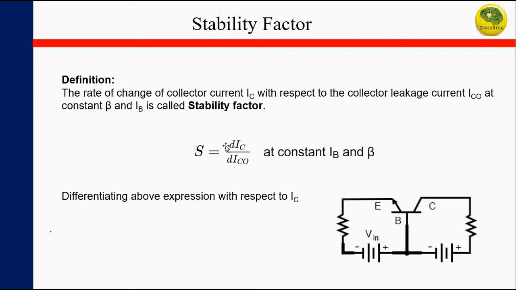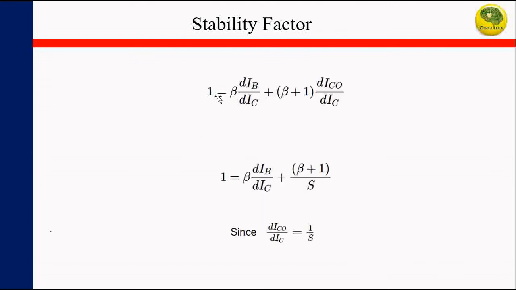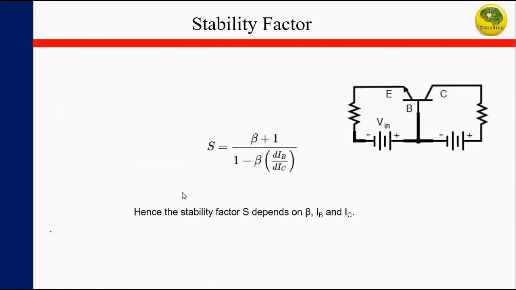By differentiating this expression with respect to IC, we have 1 equals beta times dIB divided by dIC plus (beta plus 1) times dICO by dIC, which can be given as 1 equals beta dIB/dIC plus (beta plus 1)/S. Since 1/S equals dICO/dIC, it can be stated that S equals (beta plus 1) divided by (1 minus beta times dIB/dIC), where beta is the transistor's constant, dIB is the change in base current and dIC is the change in collector current.